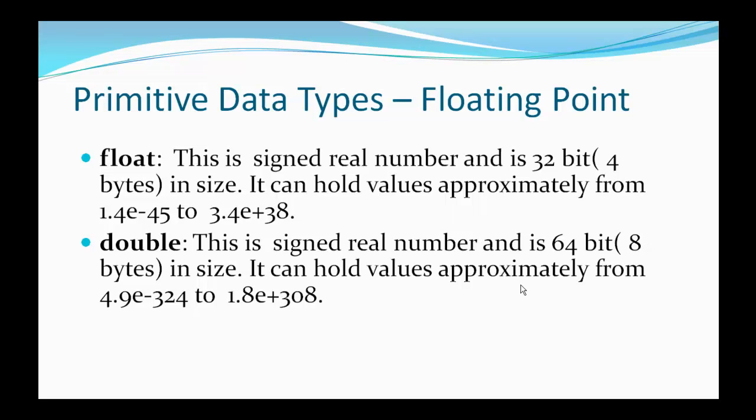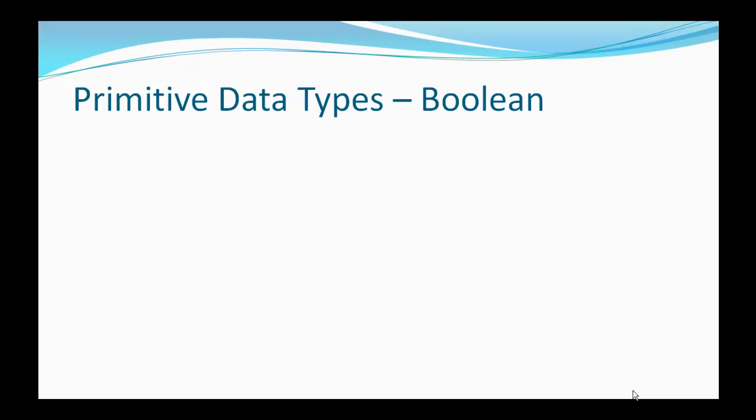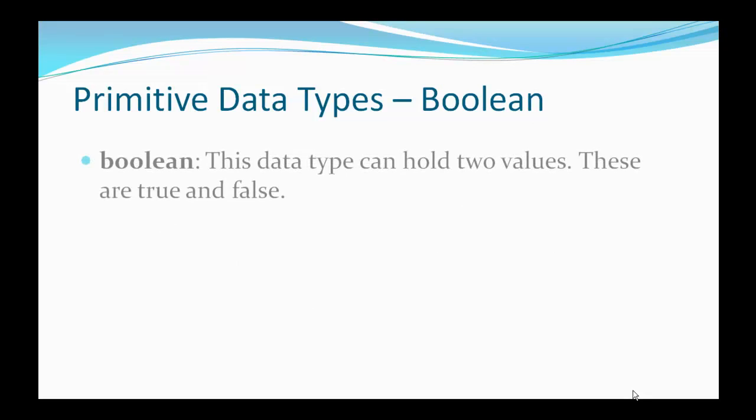It can hold values from 4.9 exponential -324 to 1.8 exponential 308. Next we have the Boolean data type. The Boolean data type has two values, that is true and false.